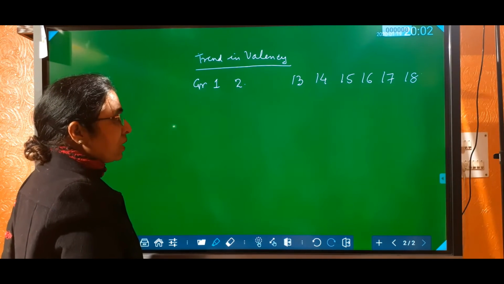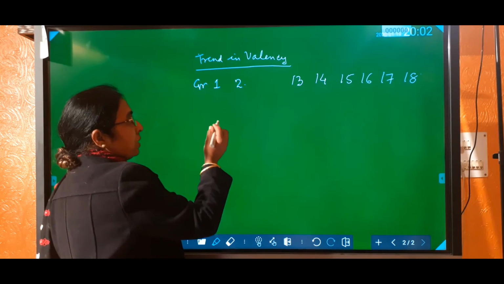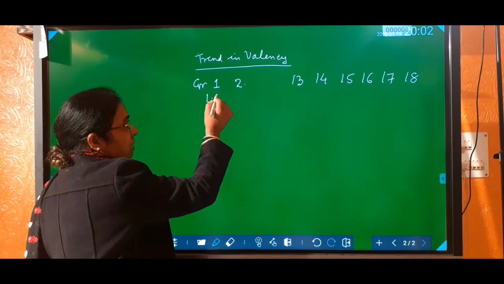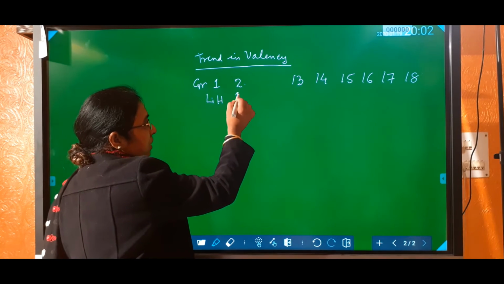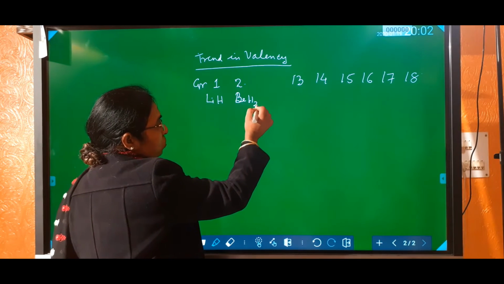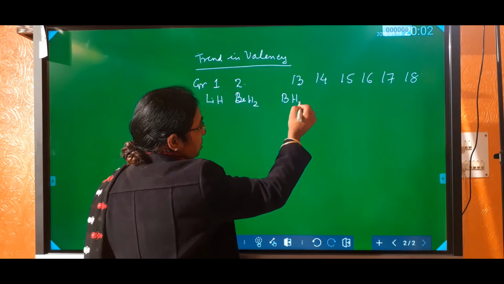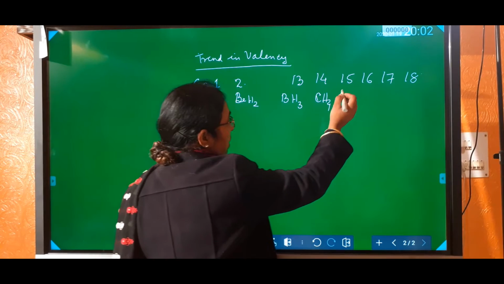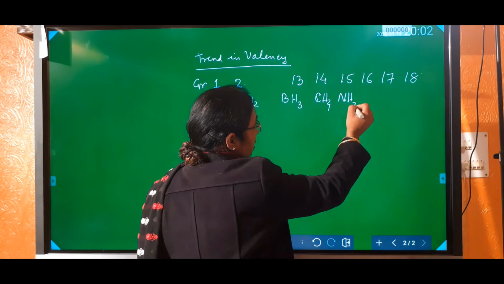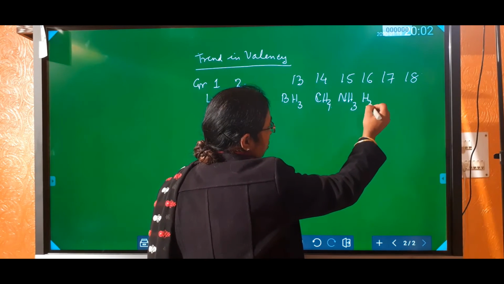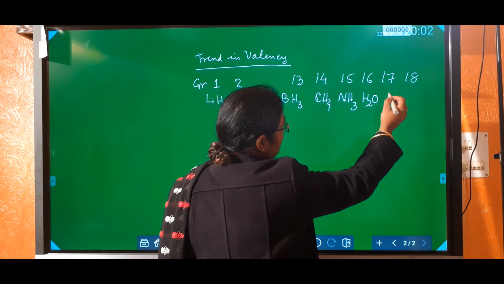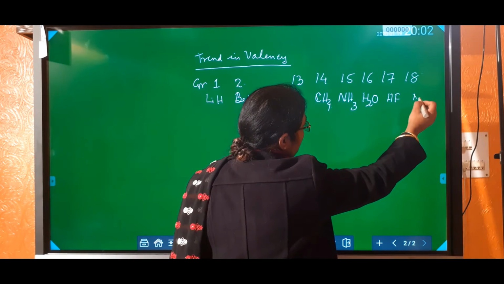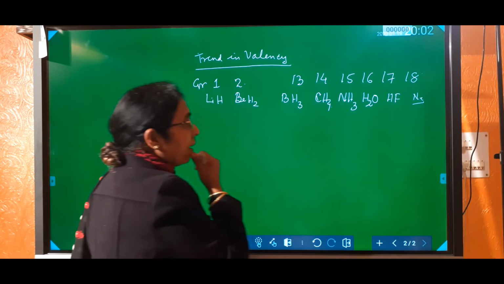Supposing I write the hydrides of the second period elements, this is LiH, this becomes BeH2, this becomes BH3, this becomes CH4, this becomes NH3, and this becomes H2O, and this becomes HF, and this is of course neon, which will not form any hydride as such.